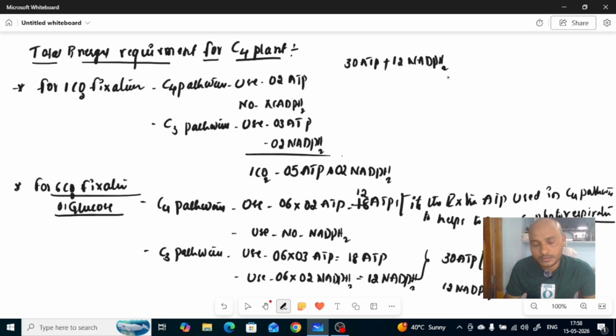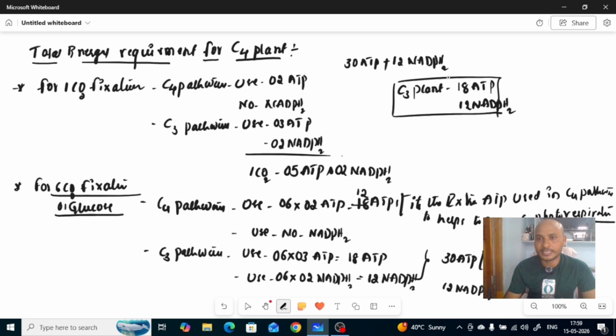For C3 plants, only 18 ATPs are utilized and 12 NADPH2. So for C3 plants, 18 ATPs and 12 NADPH; for C4 plants, 30 ATPs and 12 NADPH2 are required as the energy requirement.